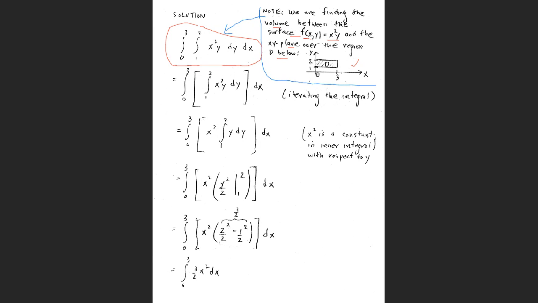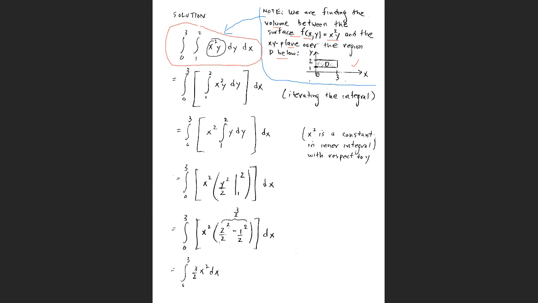Now, I know you're copying, but let me ask you, based on this function here, do you think the volume's going to be positive or negative? I mean, do you think the final answer should be positive or negative? It should be positive.